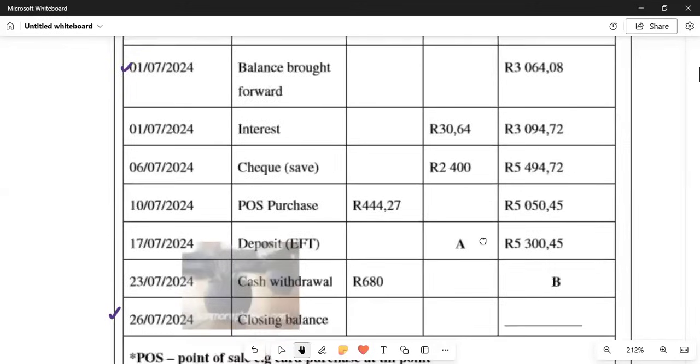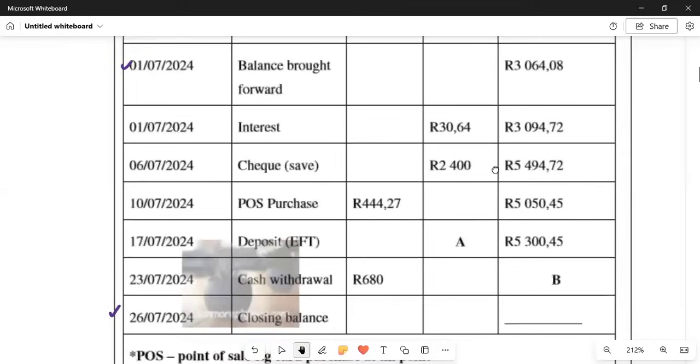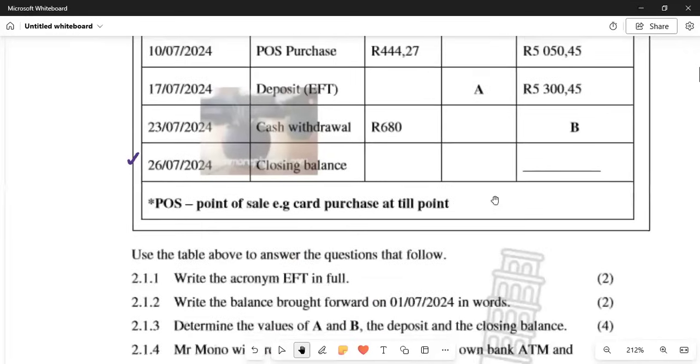So in moving on, we are now going to the questions. We are told to use the above table to answer the questions that follow. In 2.1.1, write the acronym EFT in full.